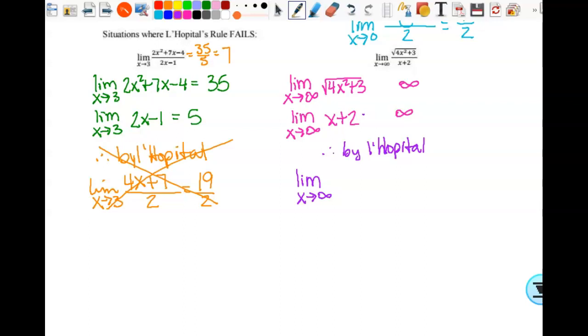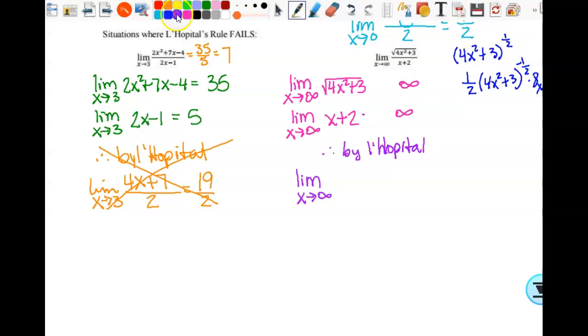So let's look at that. That's going to be 4x squared plus 3 to the 1/2 power. So when I take the derivative, it's going to give me 1/2 times 4x squared plus 3 to the negative 1/2 times what? 8x, because it's the chain rule, right?